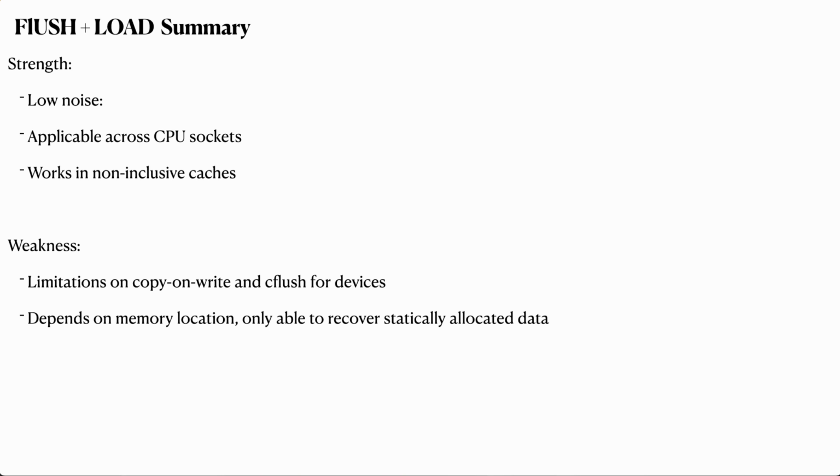The second advantage is it is applicable across CPU sockets, because the flush instruction does not only flush from the last-level cache, but also invalidates the memory block and will provoke other CPU sockets to also invalidate and remove it from their caches.